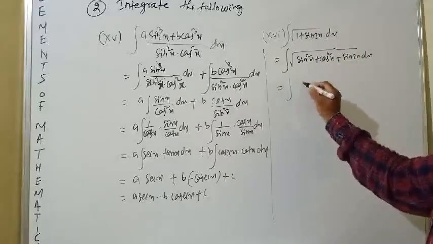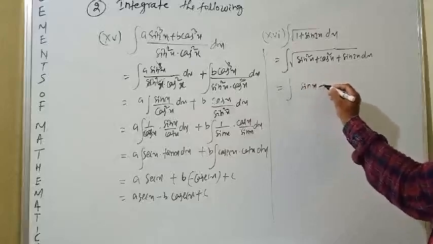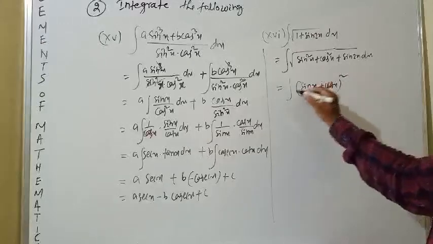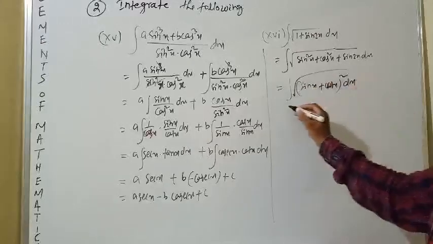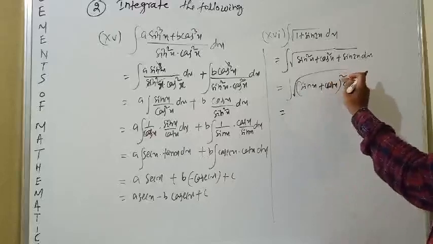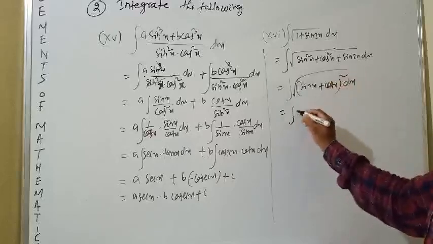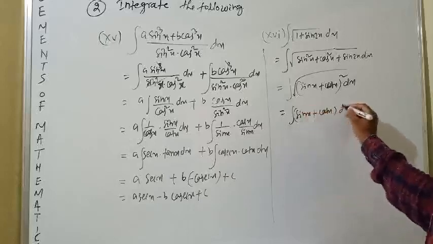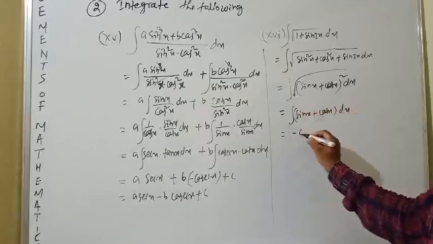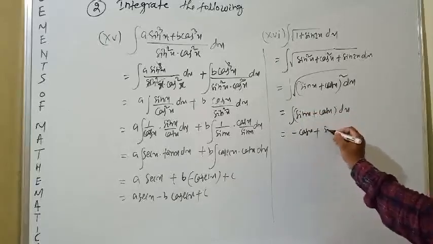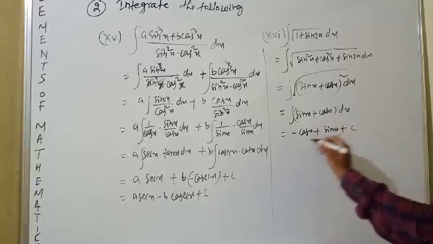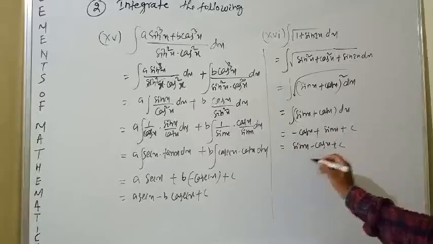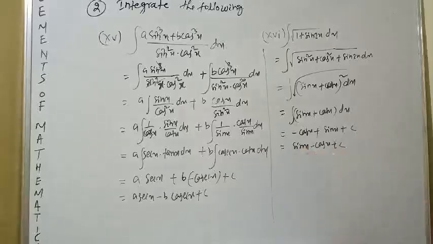Integration of, you see this is in the form of sin x plus cos x whole square dx, is equal to root, and that 2 will cancel out. Integration of sin x plus cos x dx. Integration of sin x is minus cos x, plus integration of cos x is sin x, plus c, is equal to sin x minus cos x plus c. Pause the video, note it down.